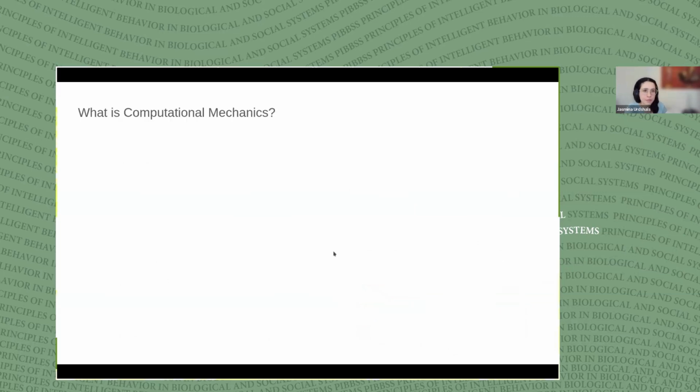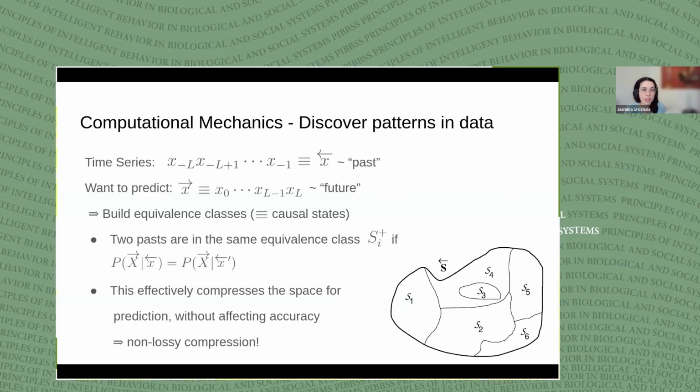I'll start first by giving a very brief introduction into computational mechanics. If you're already familiar with it, you can tune out on this slide. Computational mechanics is, for our purposes here, a framework that is good at discovering patterns in data.